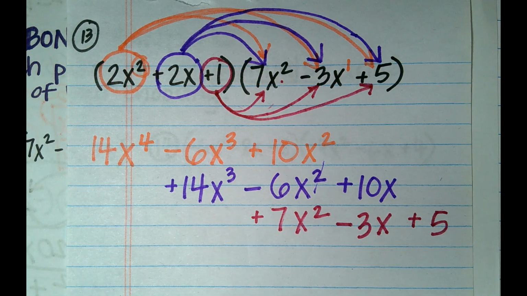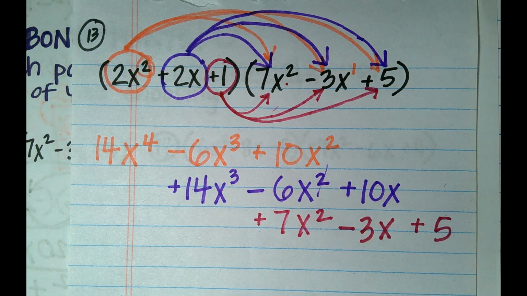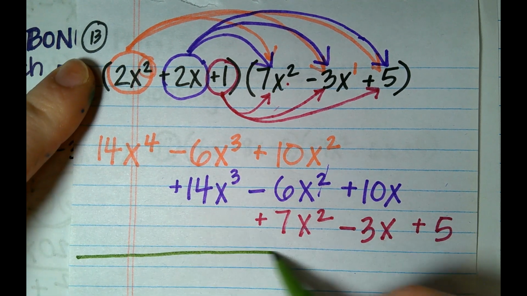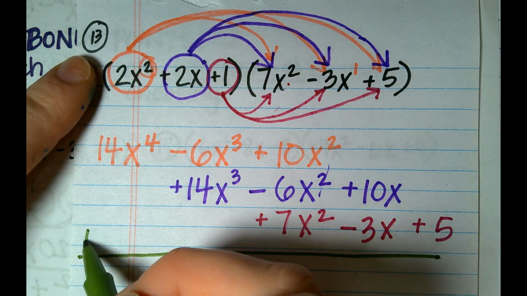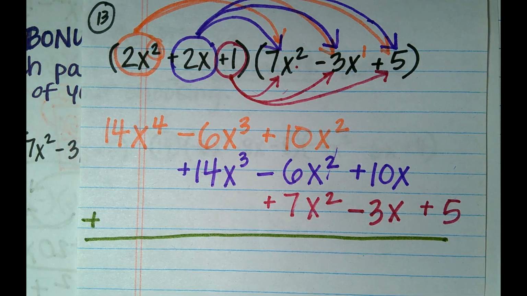Okay, so now we've done all of our multiplication, all of the distribution. And here is the final step. And this is why writing our like terms on top of each other is really, really helpful. Because now we're just going to do a big old addition problem. And I'm going to bring everything down.